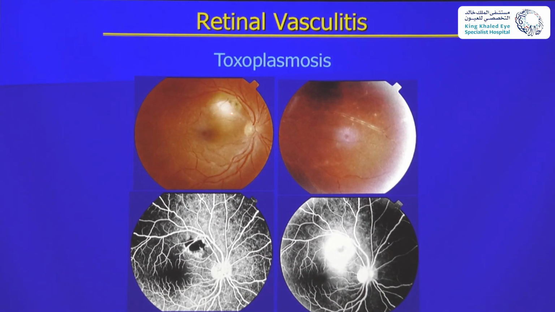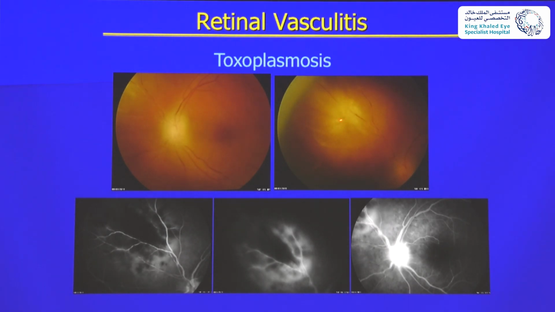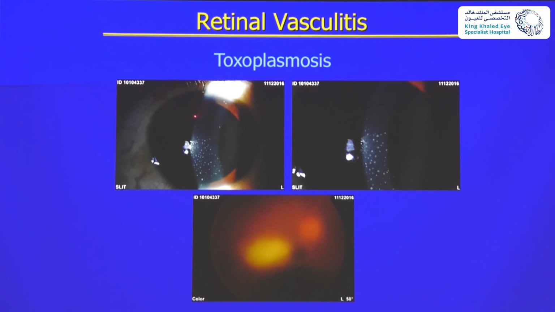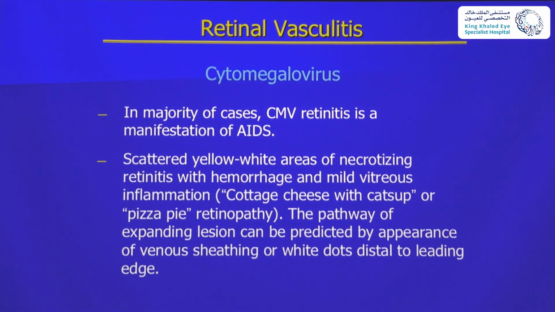Another case of necrotizing retinitis and the vascular sheathing. Necrotizing retinitis, and look here with fluorescein angiography, there is occlusion of the blood vessel crossing the lesion. As I said, the patient can have granulomatous inflammation at presentation with multiple keratic precipitates and necrotizing retinitis in the retina.